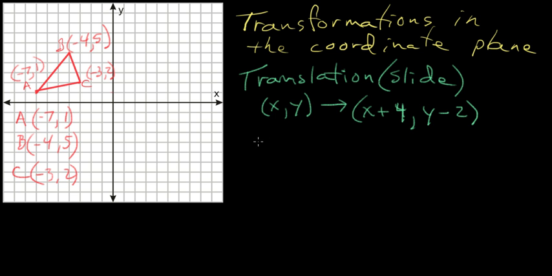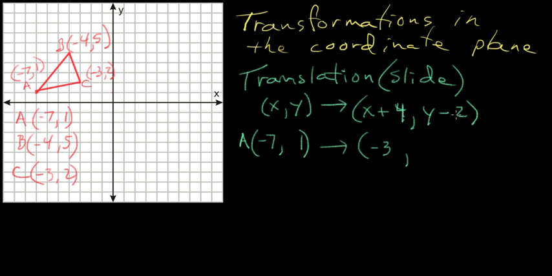And what does that all mean? Well, let's look at point A. Point A is -7 and 1. X is -7, Y is 1. I'm going to change this to X plus 4. Well, what's -7 plus 4? That's -3.